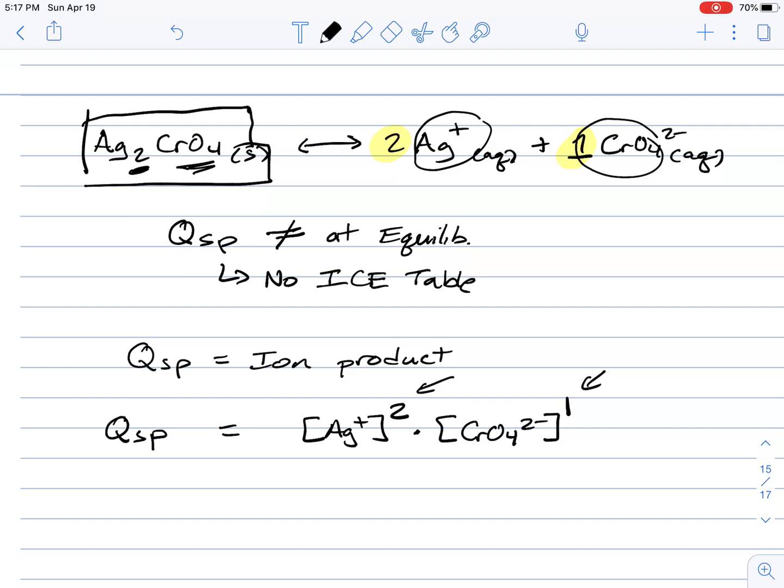And if these exponents are wrong, then your Qsp value will also be wrong. And if your Qsp value is wrong, then perhaps you would have gotten an answer that is incorrect. Depending on the values, you might get the answer correct just by coincidence, but the process is wrong.